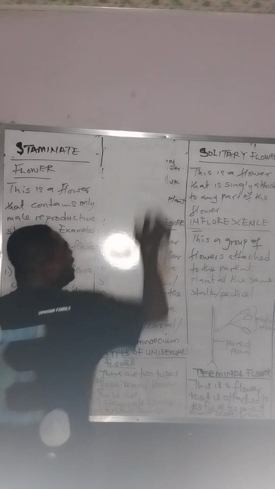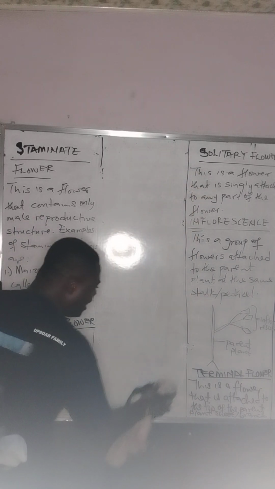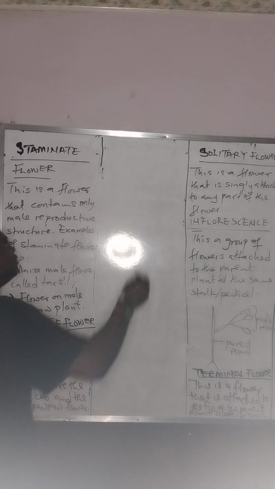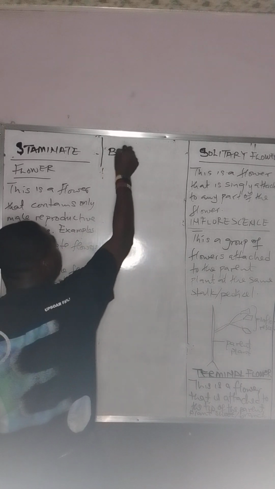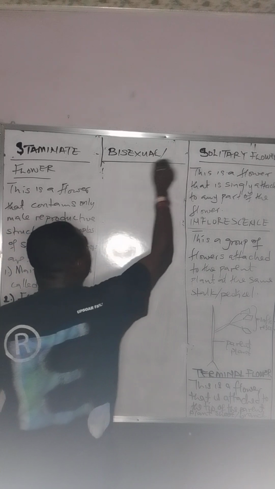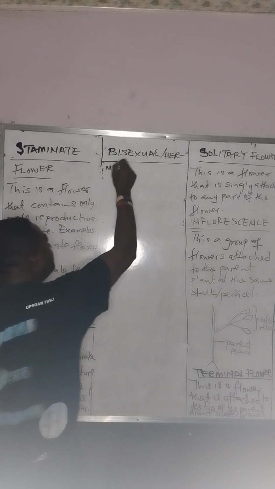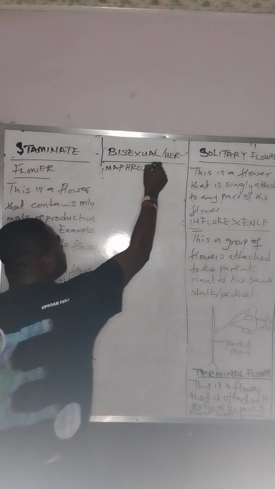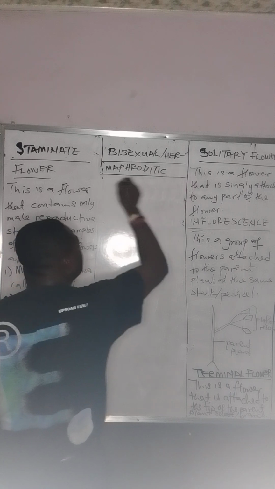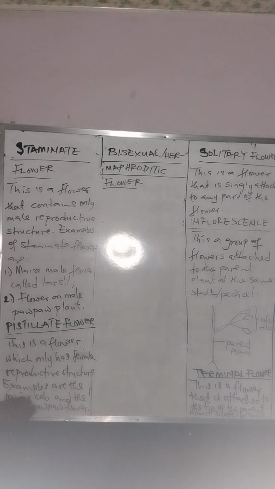Now let's go on and look at the hermaphroditic flower or bisexual flower. Don't forget, we haven't finished talking about unisexual. So we should also have bisexual or hermaphroditic flower.